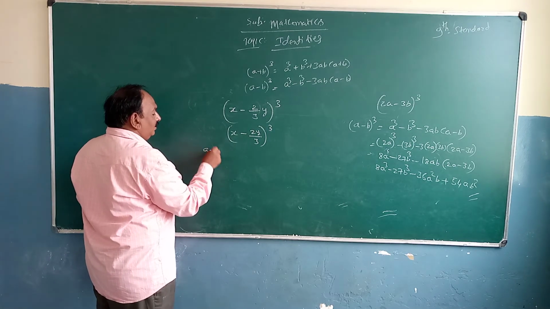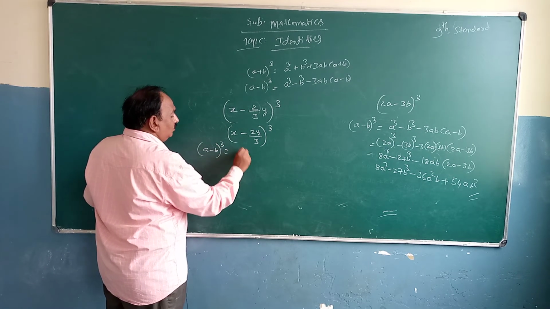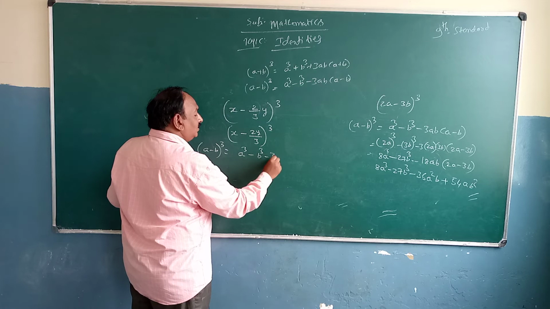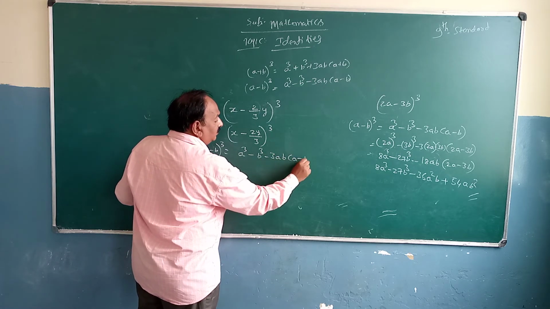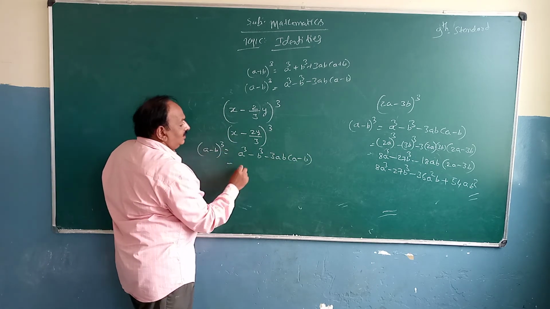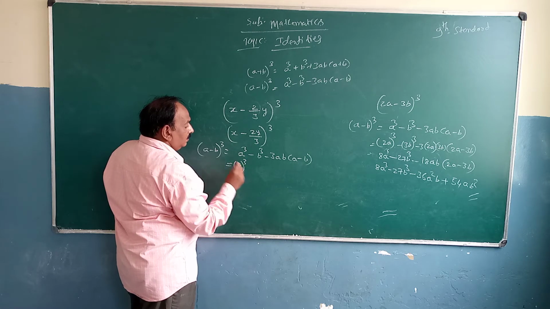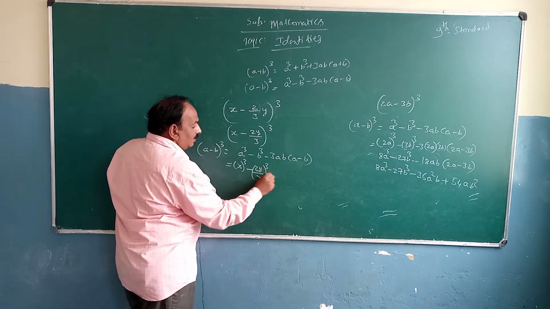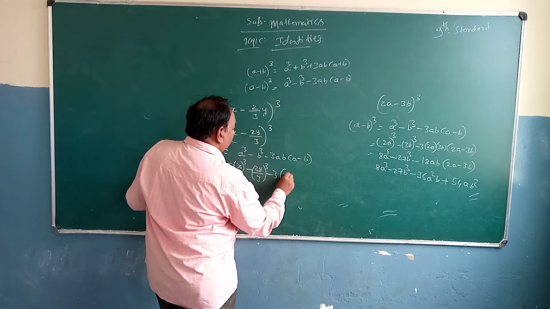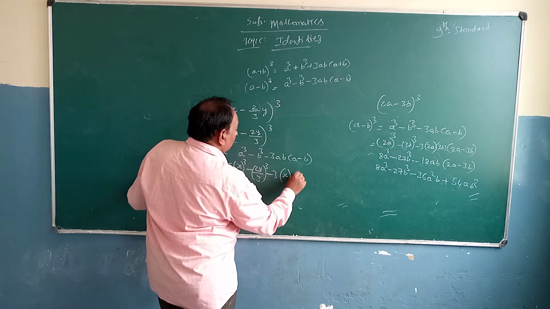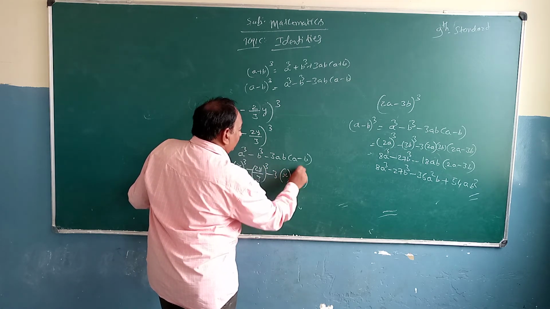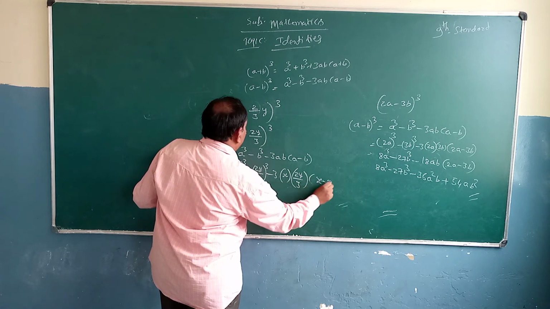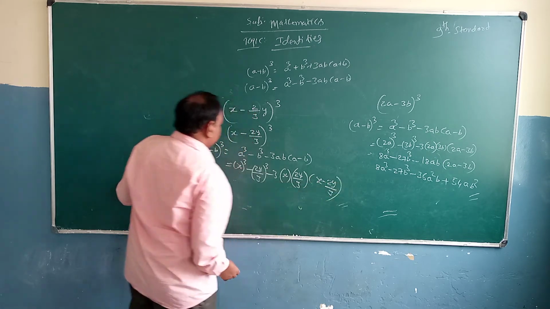This is of the form a minus b whole cube, a cube minus b cube minus 3ab into a minus b. A is x whole cube, minus 2y by 3 whole cube, 3 into x into, a is x, b is 2y by 3, into x minus 2y by 3.